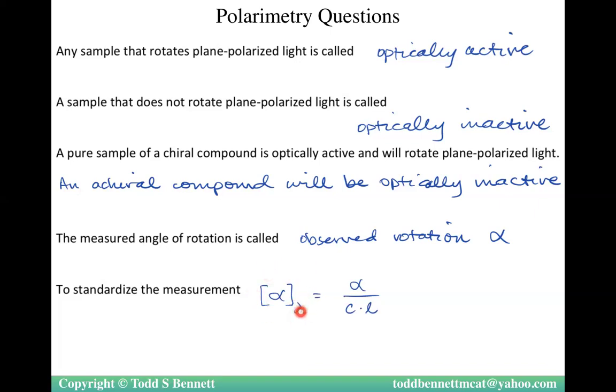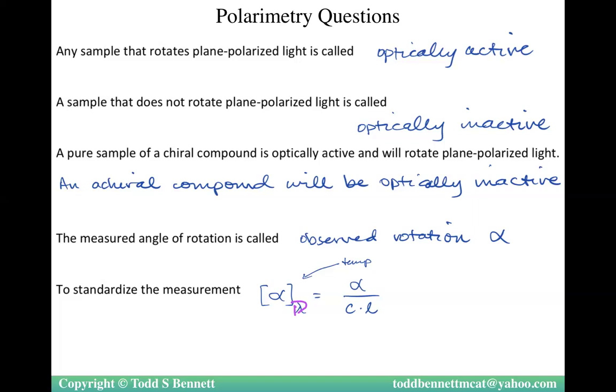Notice it says lambda. Again, D represents a very specific wavelength. So usually you'll see this as a D representing the wavelength we use, then the concentration, and then the length in decimeters. So does temperature matter? Absolutely. We occasionally put a temperature there. It changes the density of the solution, which will change how much the light interacts.